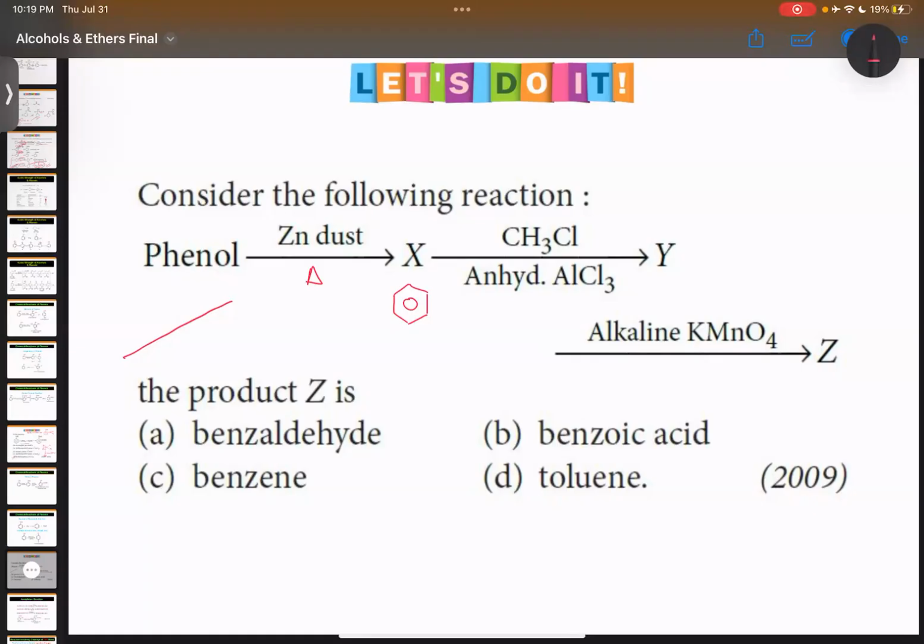Got it? So just a methyl group will be attached.